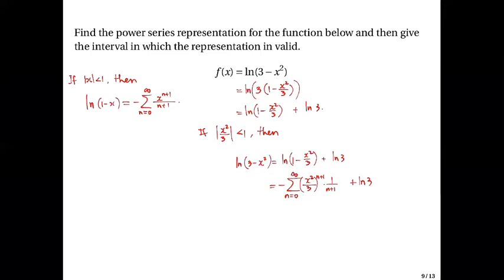Or if we simplify, we have negative sum n from 0 to plus infinity of x raised to 2n plus 2 all over 3 raised to n plus 1 times n plus 1, plus ln of 3.